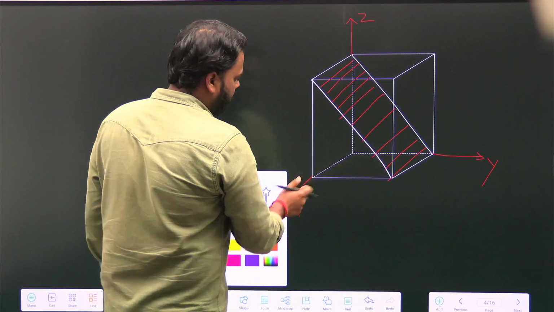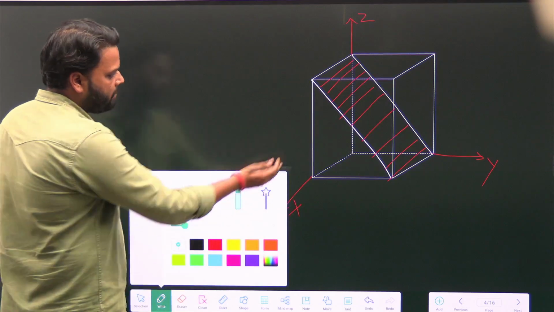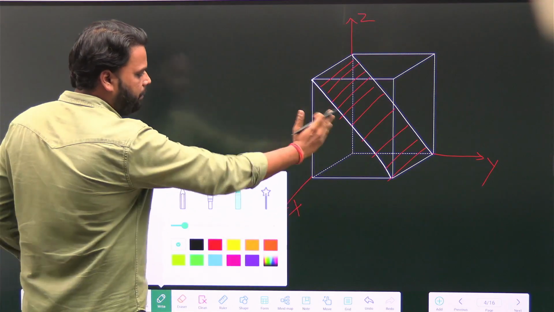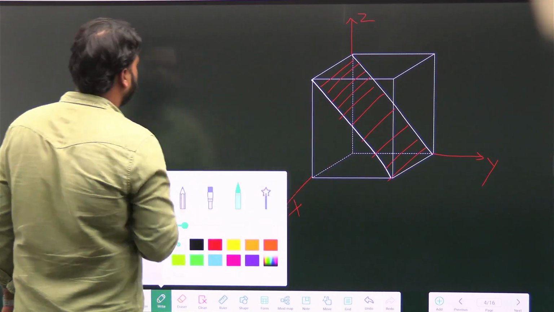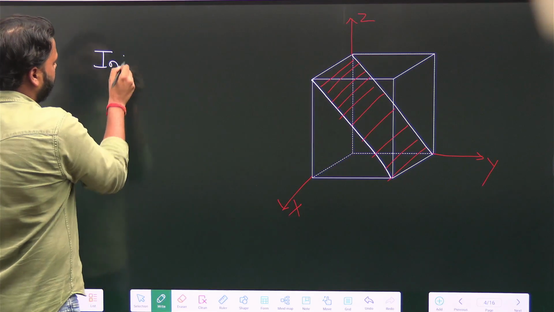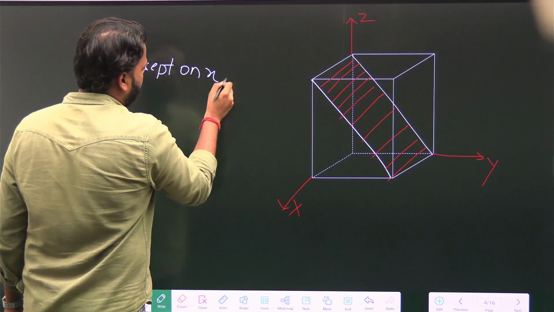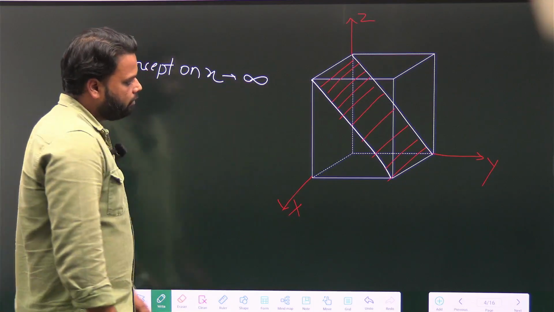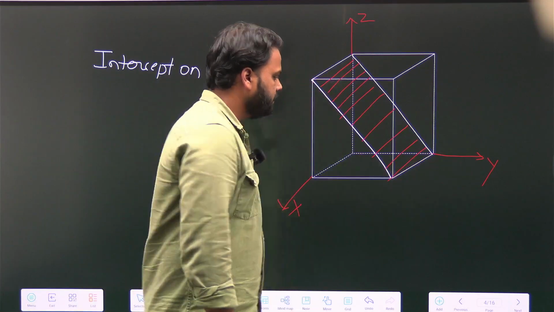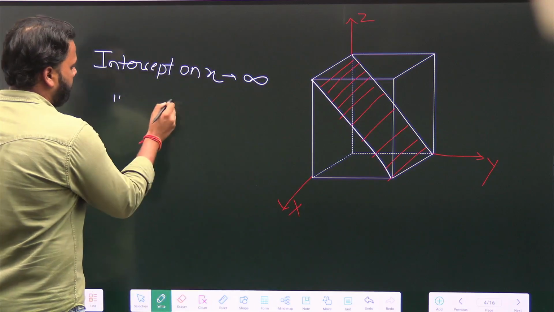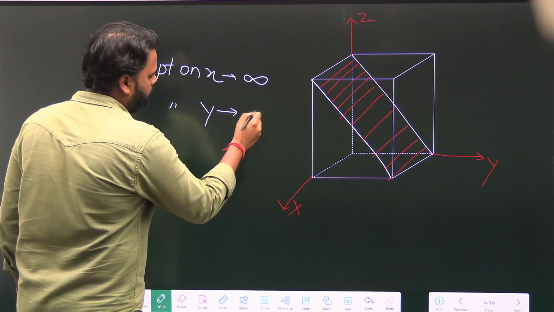What is the intercept on x-axis? Intercept x-axis पे कितना है? कहाँ पर कट कर रहा है? Where is this plane cutting the x-axis? Infinity. So the intercept on x-axis is infinity. Where is the plane cutting the y-axis? A. Okay.